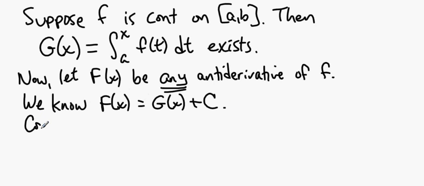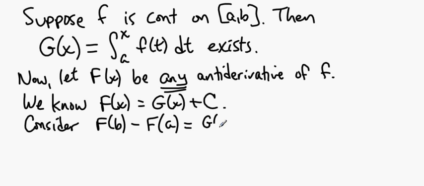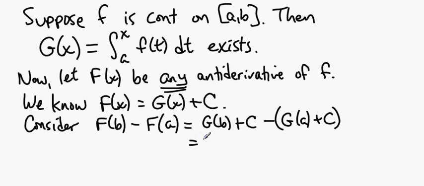So consider the following. Consider capital F of b minus capital F of a. Capital F of b minus capital F of a is capital F of b minus capital F of a, and the c's are going to cancel.